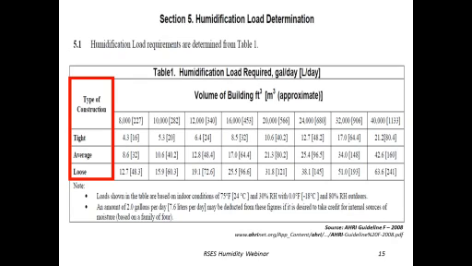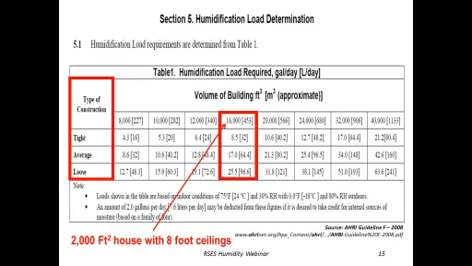Well, once you've identified a type of construction, loose, average, or tight, then they recommend that you take the building volume in cubic feet. In this case, I've taken 16,000 cubic feet as the building size. That would be a 2,000 square foot house with 8-foot ceilings, 1 story.